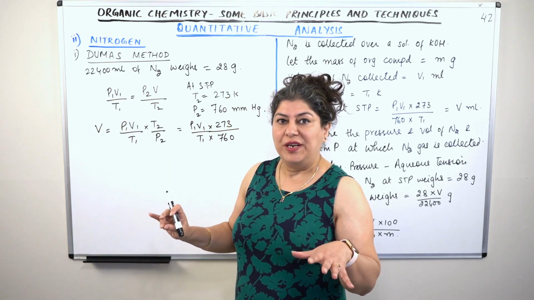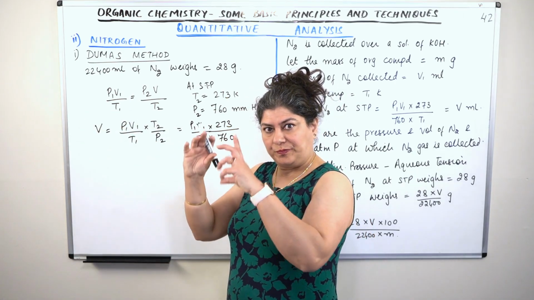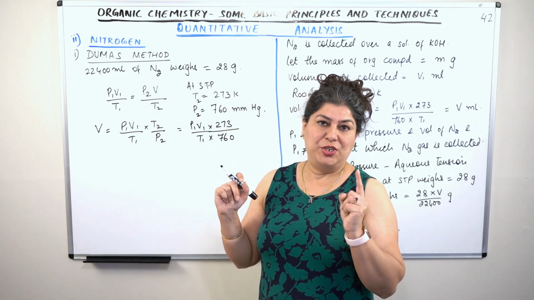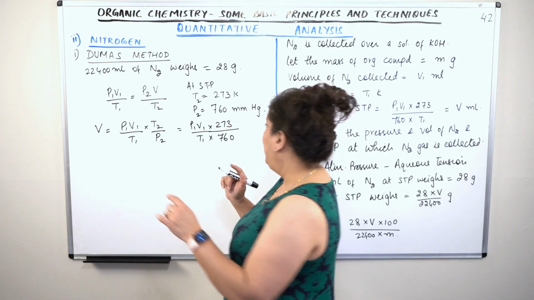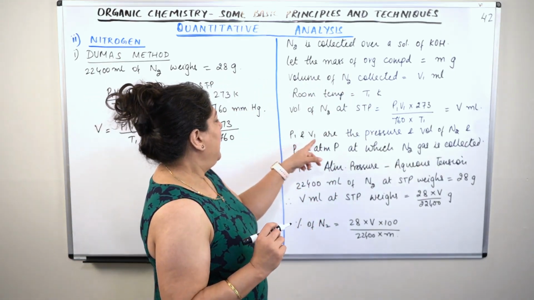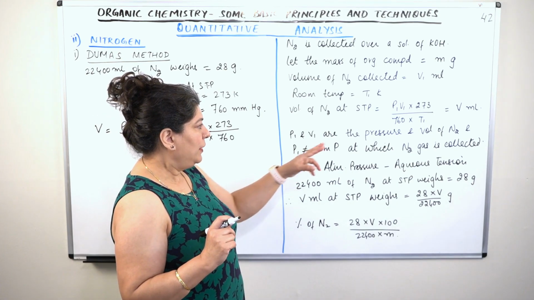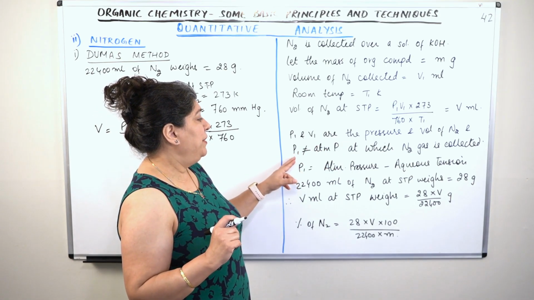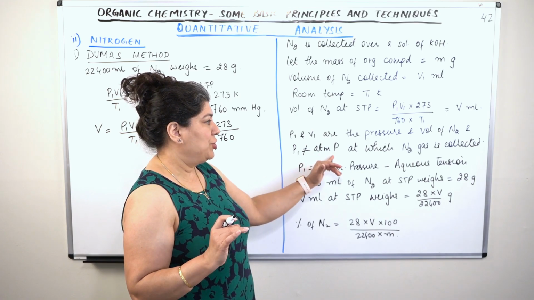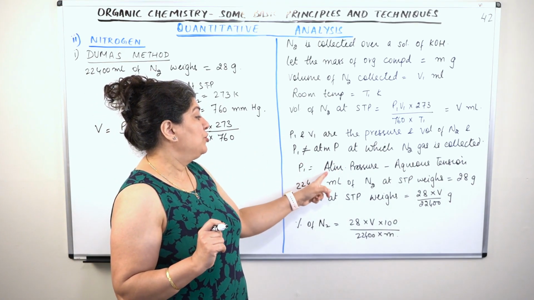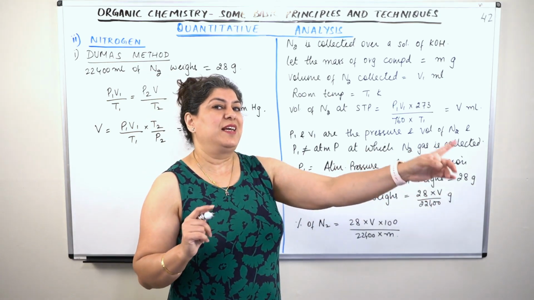So P1 is the total pressure of the two gases minus the pressure exerted by moisture. We say P1 and V1 are the pressure and volume of nitrogen, and the pressure P1 is not equal to the atmospheric pressure at which the nitrogen is collected, because P1 is equal to the atmospheric pressure minus the aqueous tension.